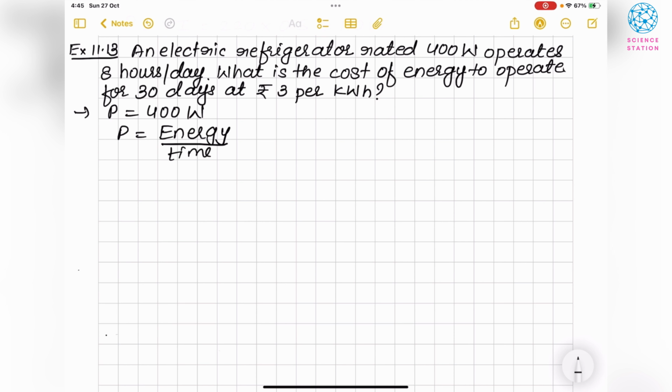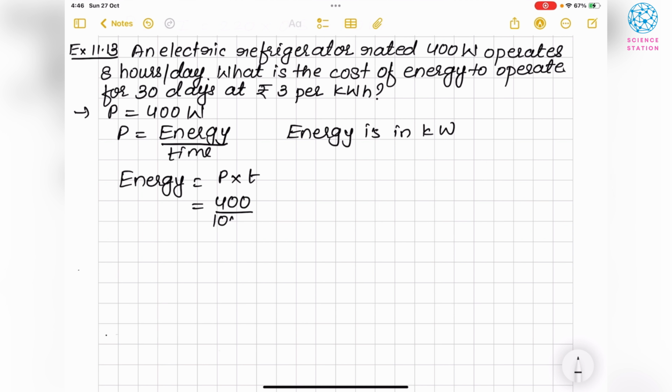Energy in kilowatt hour will be P into T, so that is 400 upon 1000 into 8, because I have converted it into kilowatt.